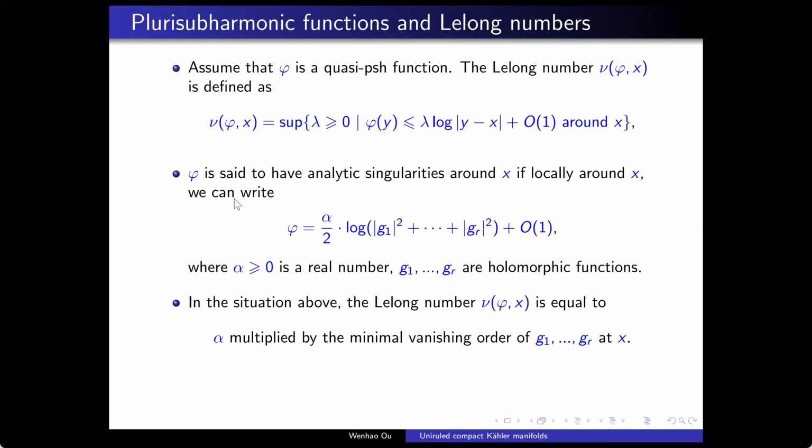For functions with analytic singularities, we can use the definition of the Lelong number to compute. The Lelong number of this function at a point x is exactly equal to this alpha, the leading coefficient, multiplied by the minimal vanishing order of the functions g_1 to g_r at x. So the Lelong number is closely related to the vanishing order of holomorphic functions.